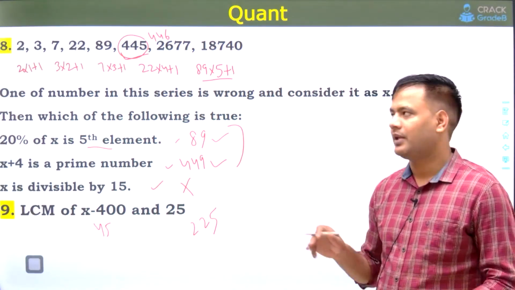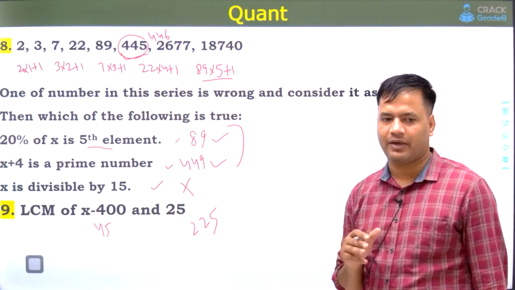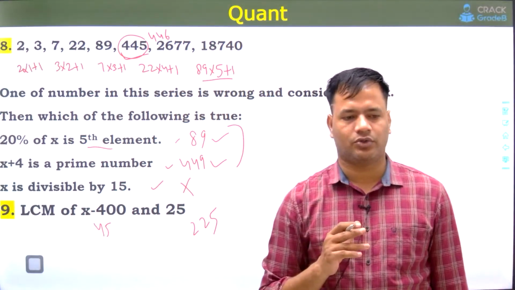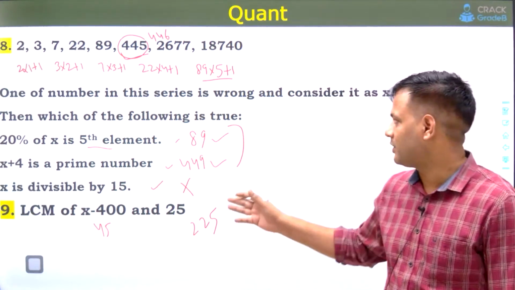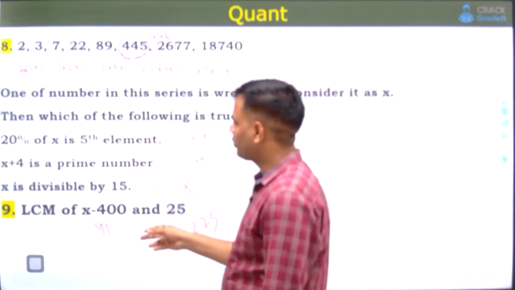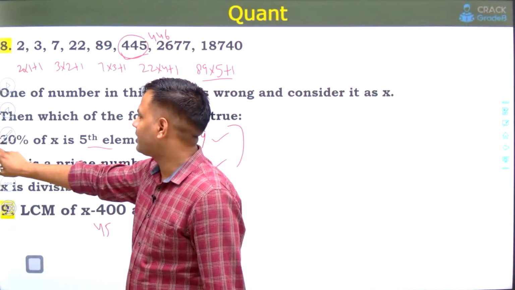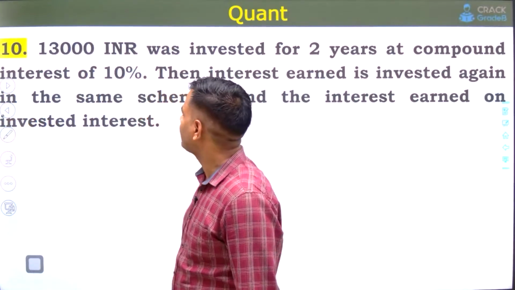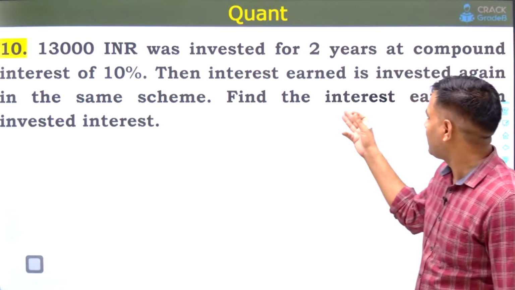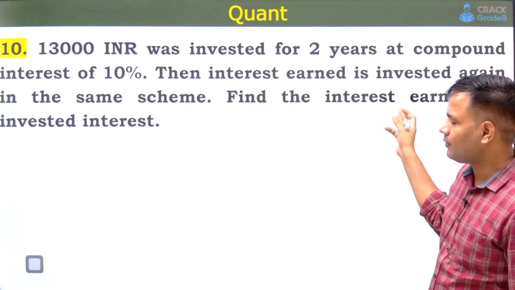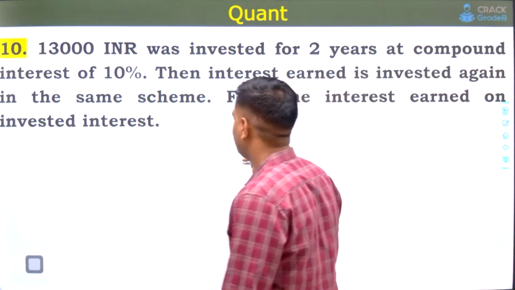Those who selected questions carefully, those questions which can be attempted easily, like this question, two questions you can easily solve, and that quadratic equation question, this was also a very simple question.